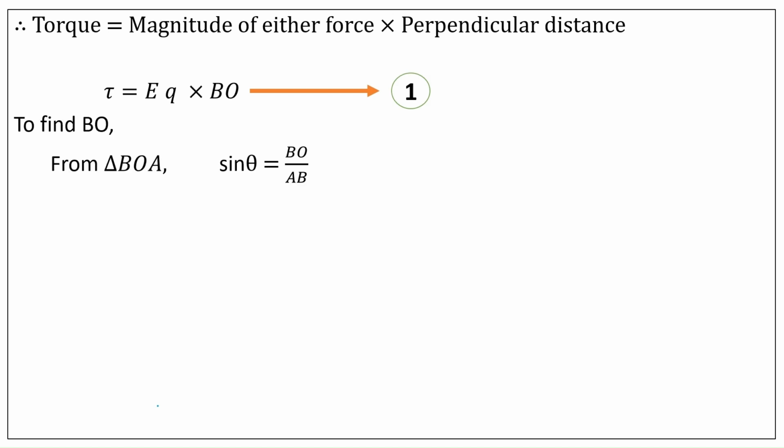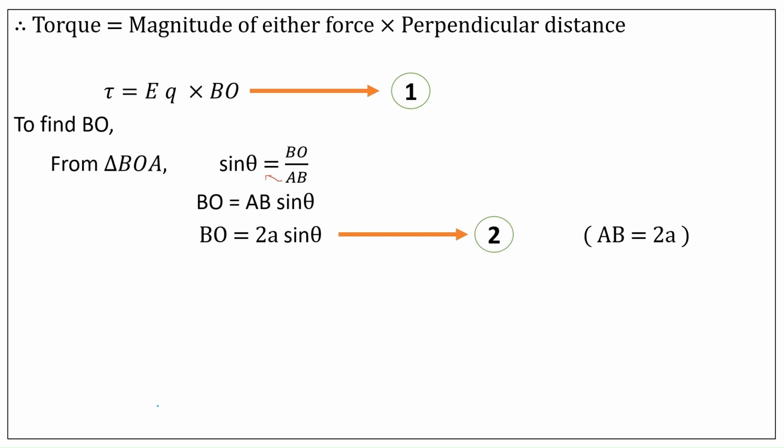To find BO from triangle BOA, sin theta is equal to BO by AB. Therefore, BO is equal to AB sin theta. But AB is equal to 2A. Therefore, BO is equal to 2A sin theta. Mark it as equation number 2.